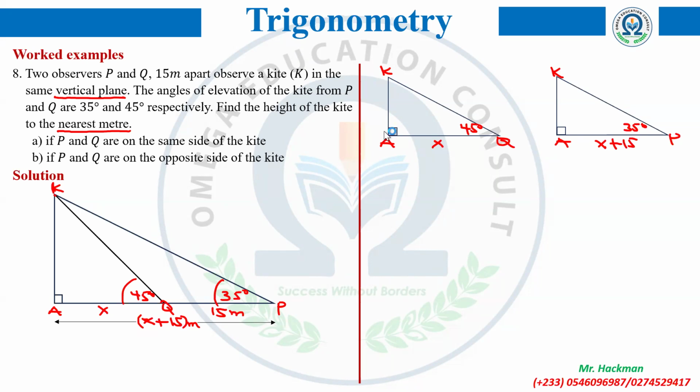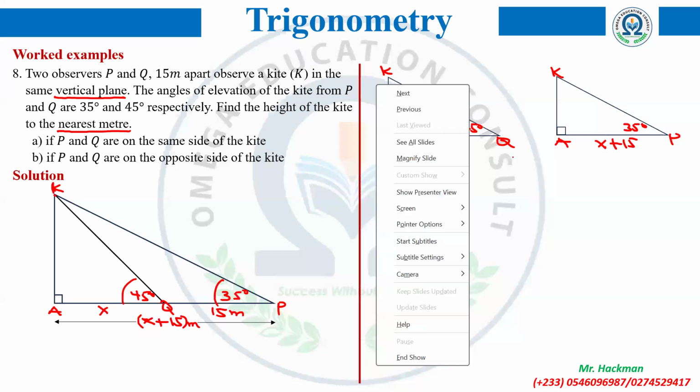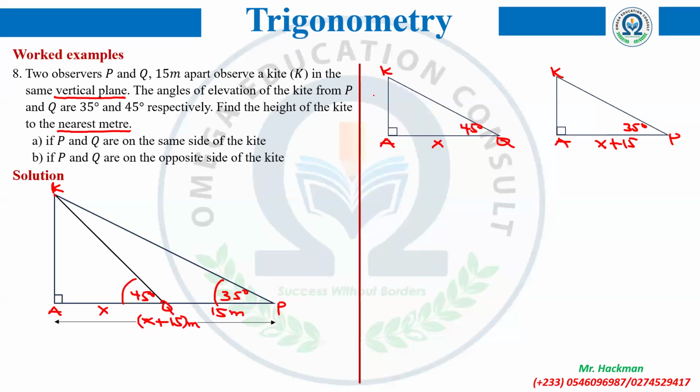My professors, are you with me? Let's represent that by h, like we have represented this one by x. So this will be the height, small h. It will only help us to write less. Instead of writing the length of AK, we can put h there.